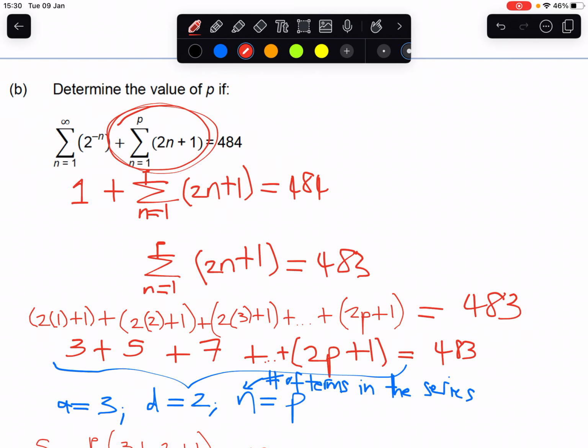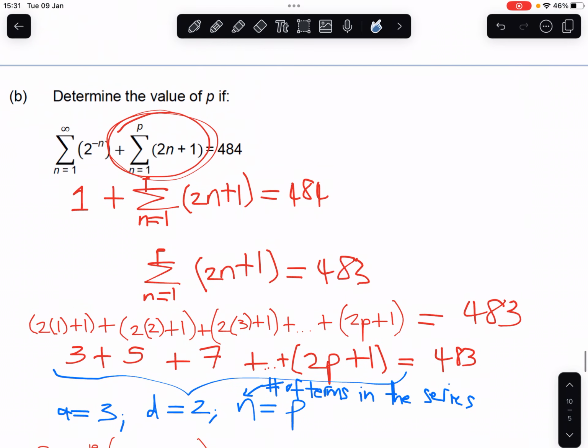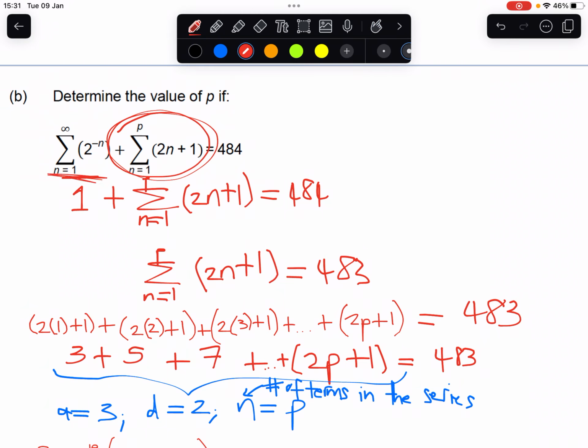I don't recommend sitting and working out 2 times 1 plus 1, 2 times 2 plus 1, 2 times 3 plus 1, 2 times 4 plus 1, up until 2 times, what was our p? Our p was 21, right? So you could technically work out those 21 terms and then add them together and see if you do get 484 when you add it with the one that we got over here. But I do not recommend that.